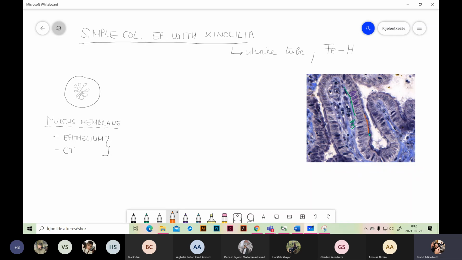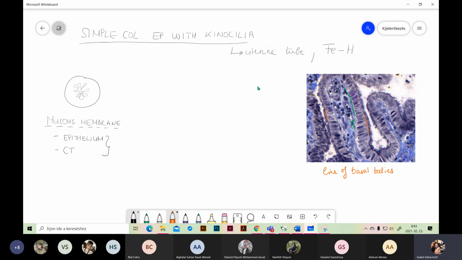In case of kinocilia, sorry, we can see the line of basal bodies. Basal bodies. Okay. And how can we recognize the kinocilia?